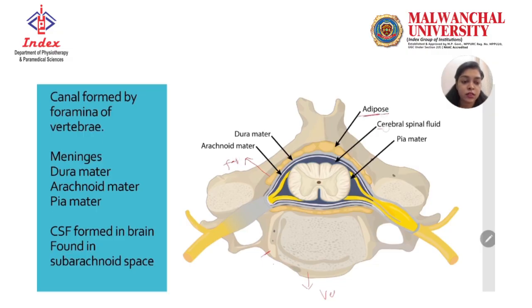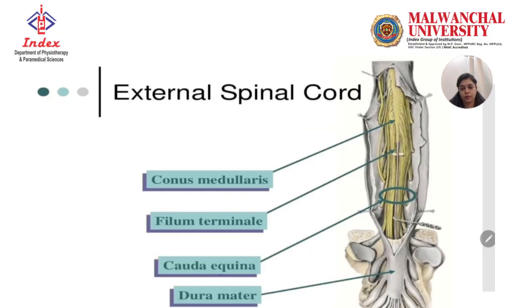Then comes the CSF, then pia mater, and then the spinal cord. So this is the conus medullaris, this is the filum terminale, this is the cauda equina, and the outermost is dura mater.